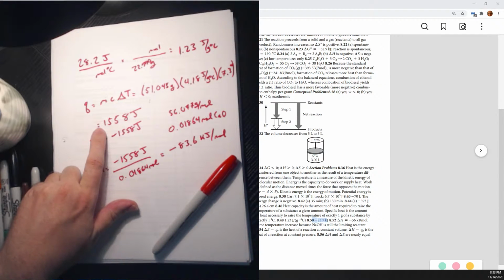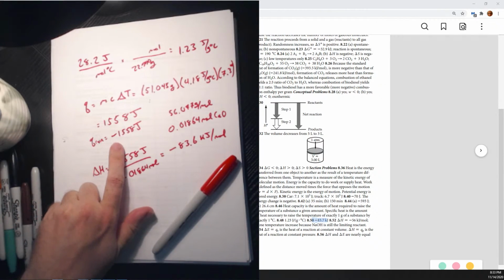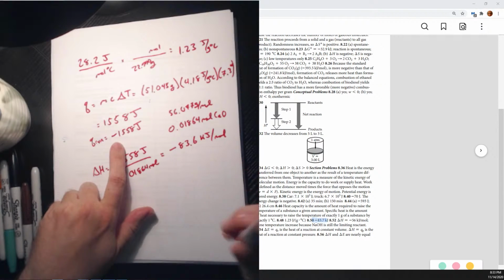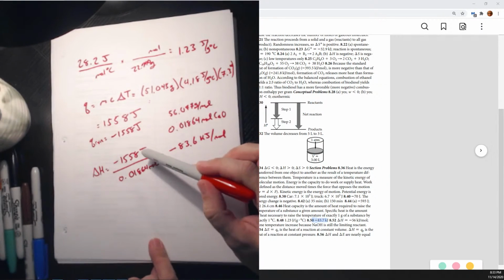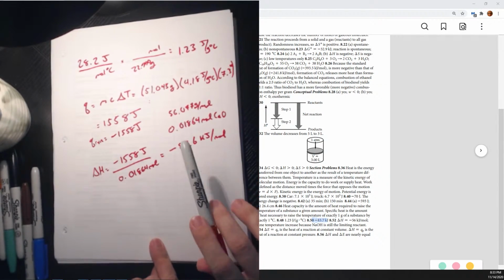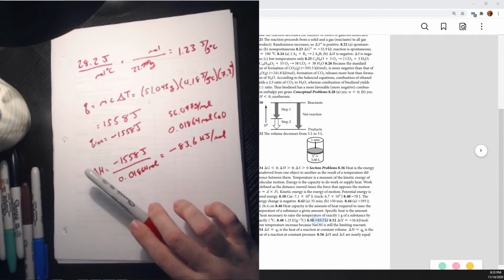So that's the amount of heat entering the solution, so it had to come out of the reaction. And then our calcium oxide was our limiting reactant, so that determined the moles we divided by. So 0.01864, so Q divided by n gave us the heat of our reaction, delta H.